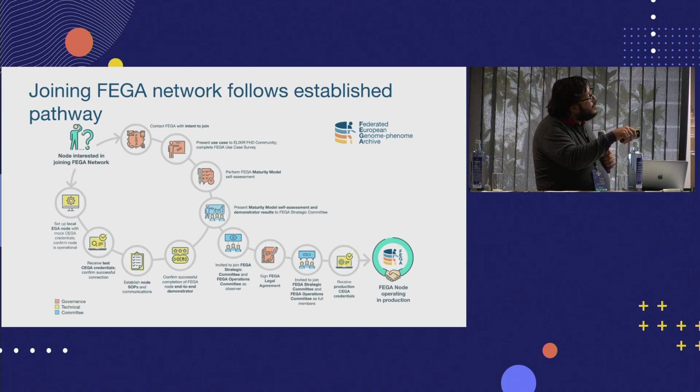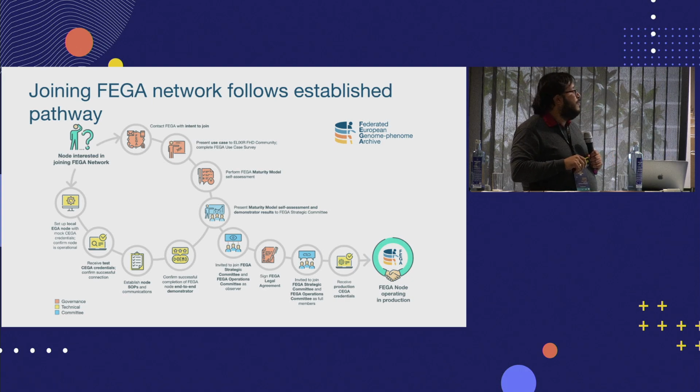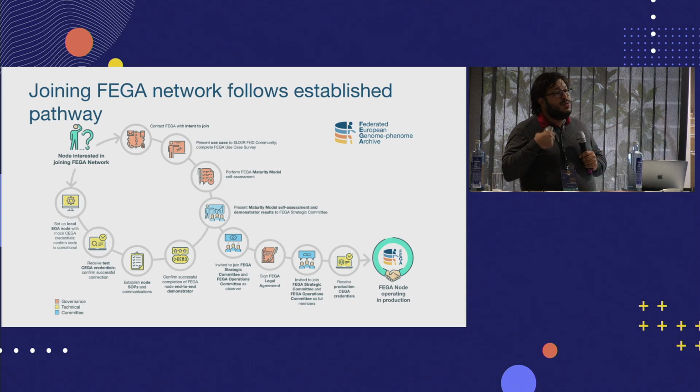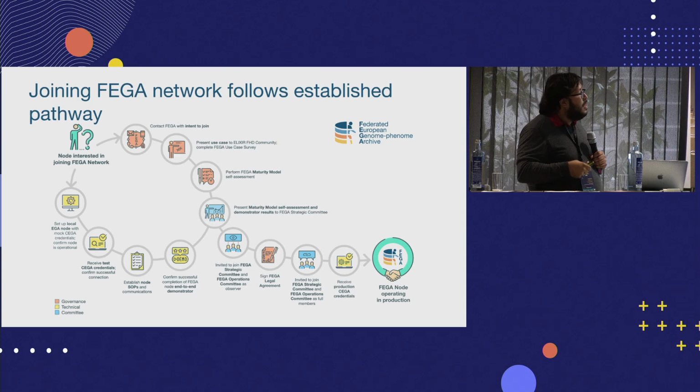Then they need to follow the federated EGA maturity model self-assessment and present those conclusions to the different committees. That is the conceptual part, and then there is the technical part, where you need to demonstrate the capabilities that you have.